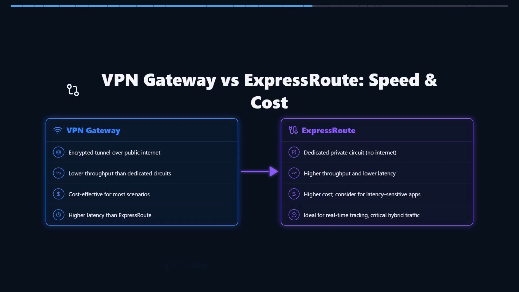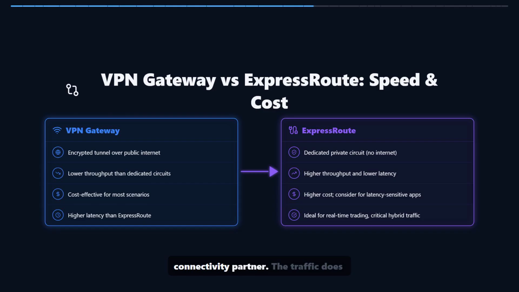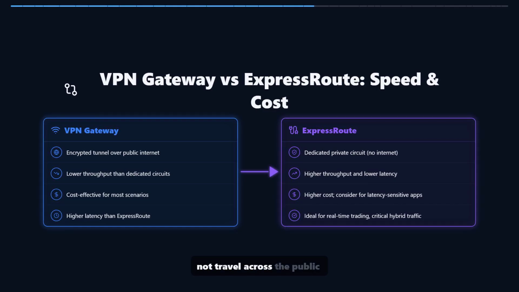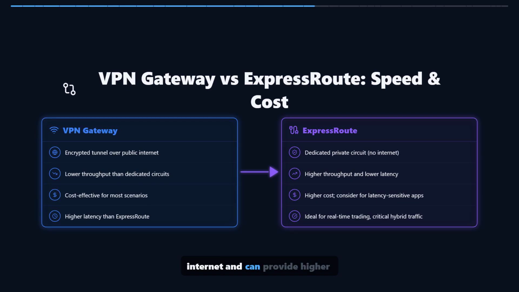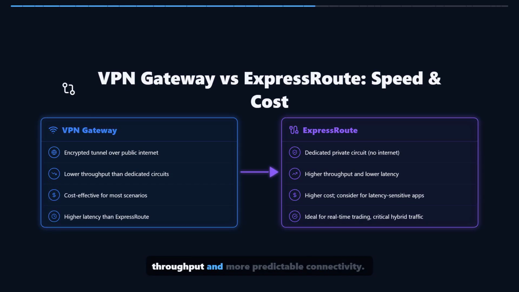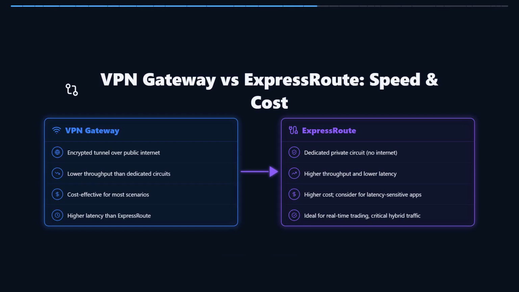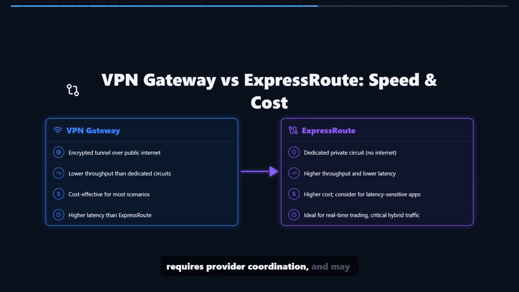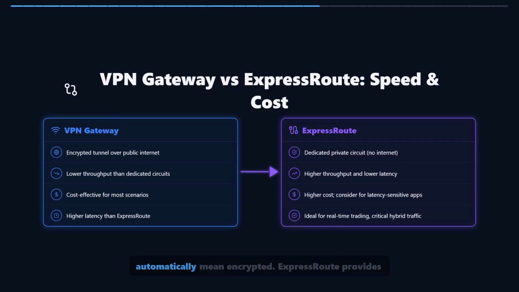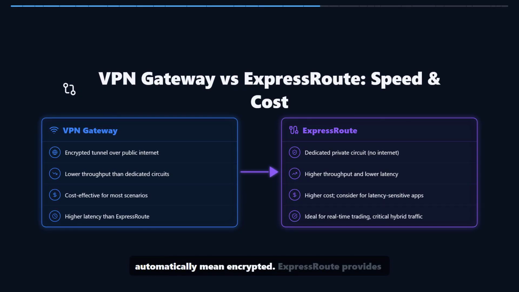ExpressRoute uses a private connection provided through a connectivity partner. The traffic does not travel across the public internet and can provide higher throughput and more predictable connectivity. However, ExpressRoute is more expensive, requires provider coordination, and may take longer to provision. Also remember that private does not automatically mean encrypted.